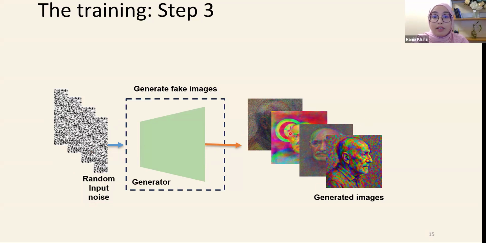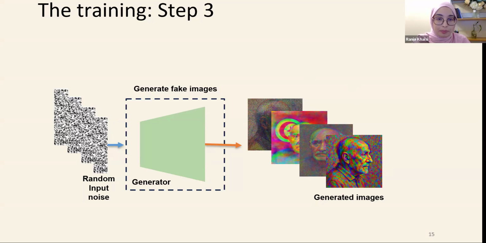We generate as many fake images as we have real images. So the output from the generator is going to be a set of images which are not real. These are fake images.